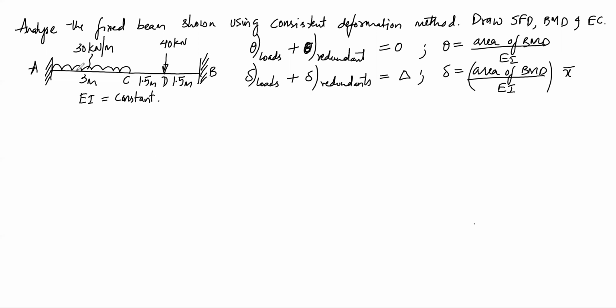So here we can split this entire fixed beam into simpler beams of cantilever. So one will be cantilever with partial UDL. This is 30 kilonewton per meter and 3 meters.